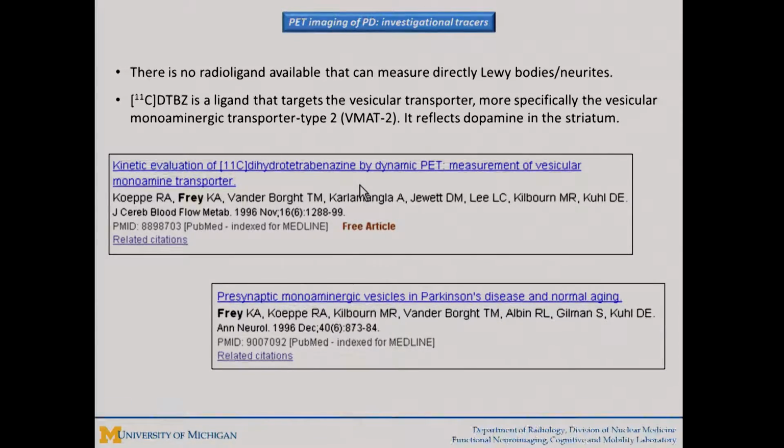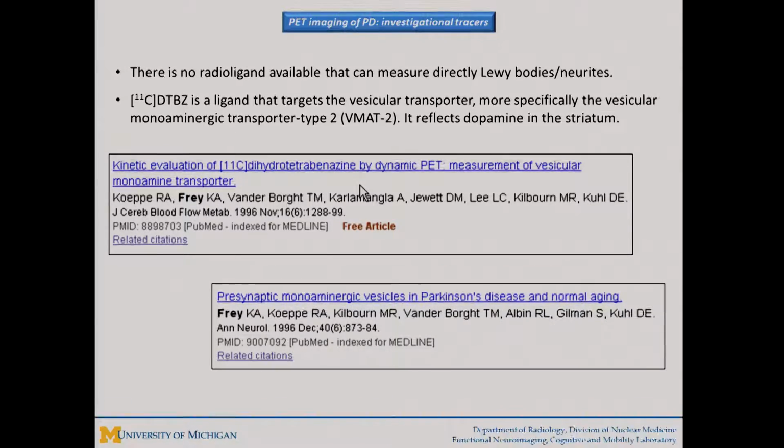So this was a little background on what we do in PET imaging. What are we interested in? Parkinson's disease is a disease where Lewy bodies related to alpha-synuclein are present. I don't know if anybody mentioned that before, but that is the main pathology.